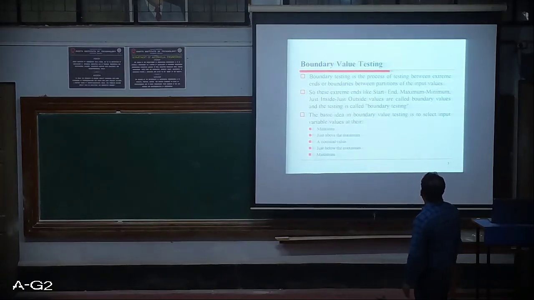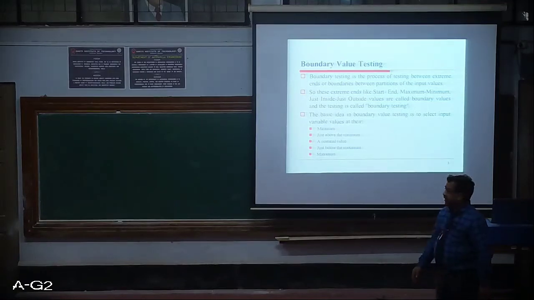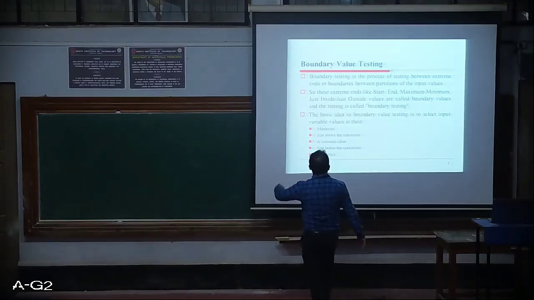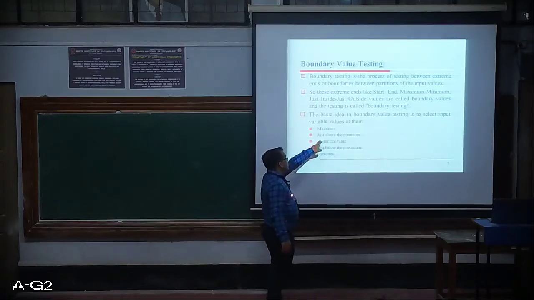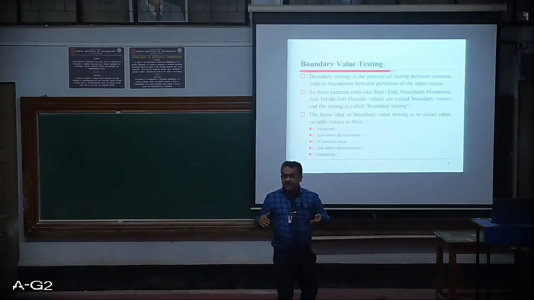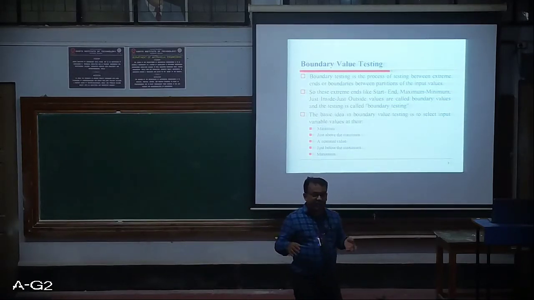So we take the minimum, just above the minimum, and a nominal value in between in the valid range, and then the just below the maximum and the maximum. So there are basically 5 values which are taken to generate test cases.